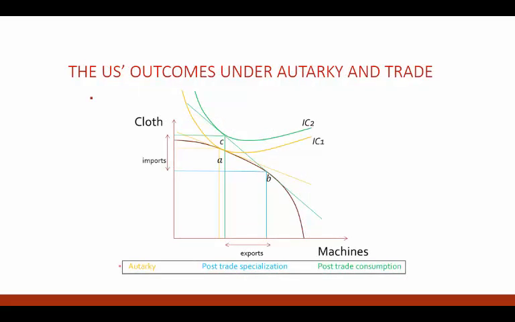Focusing on the US, we recall as depicted in the graph, under autarky, production and consumption given by the feasible indifference curve IC1 is at point A on the PPF.